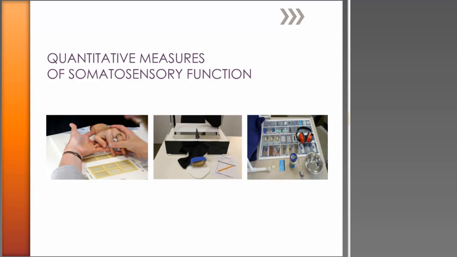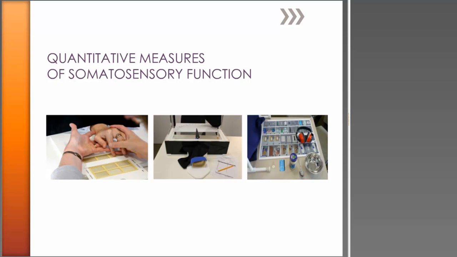The participant tactually explores the set of texture grids with their preferred finger, and most patients opt to use their index finger for this, and they indicate which of the 3 different textures that they're feeling is different. The interesting thing about this assessment is that regardless of whether someone has, say, a degree of spasticity or a lack of motor control that would prevent them from actually exploring those surfaces, the therapist is able to guide them along and is still able to assess them in this way.